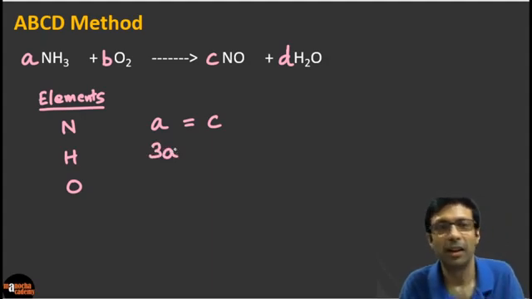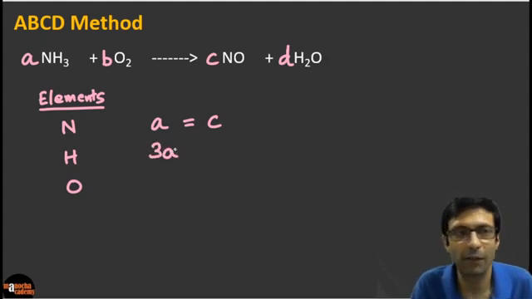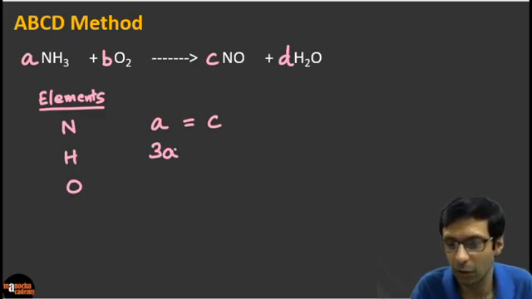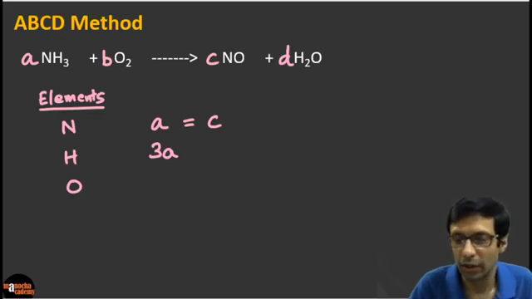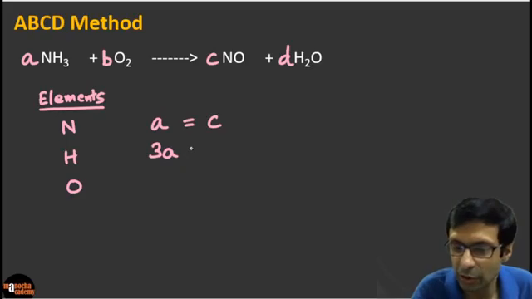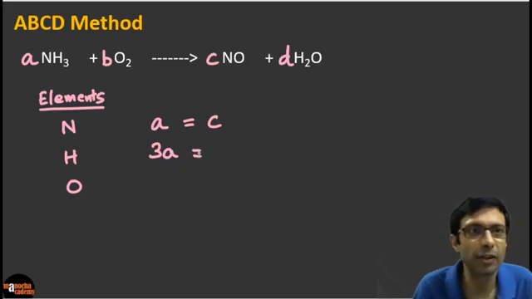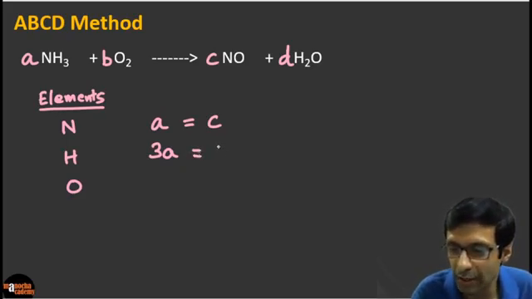And how many hydrogen atoms do we have on the right side? Let's take a look. Can you see it's going to be 2D? Very good. A lot of you are answering that. It's 2D on the right side.